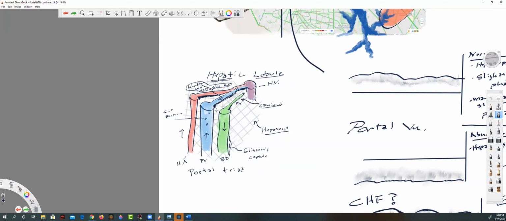In the case of when these hepatocytes can't handle this blood flow, and remember this portal vein is, let's draw it here, 75%, and the hepatic artery is normally 25% of the blood flow into the liver.